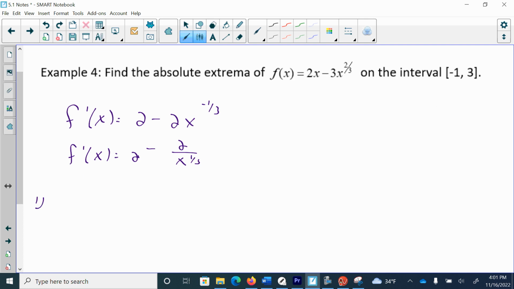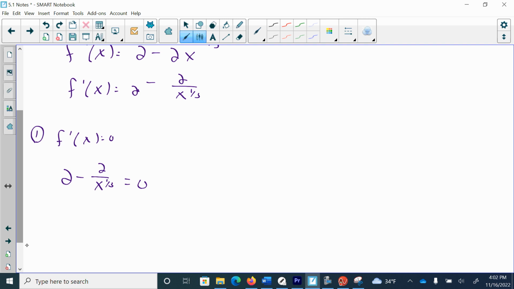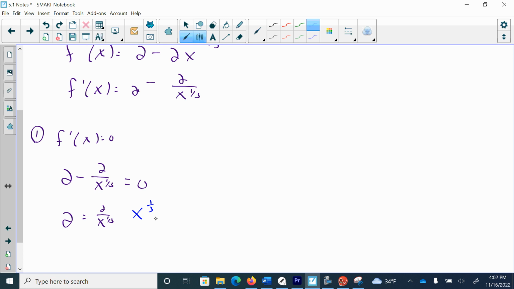So now the first case is when this derivative is equal to 0. So I'm going to take that 2 minus 2 over x to the 1/3, and I'm going to set that equal to 0. And when I do that, I'm going to add that to both sides. So 2 is equal to 2 over x to the 1/3. To get rid of that denominator, I'm going to multiply both sides by x to the 1/3.